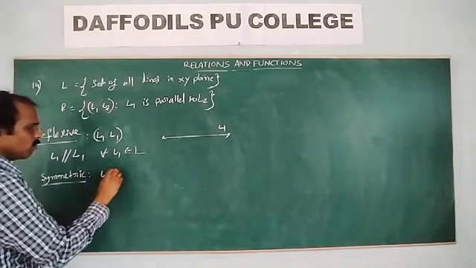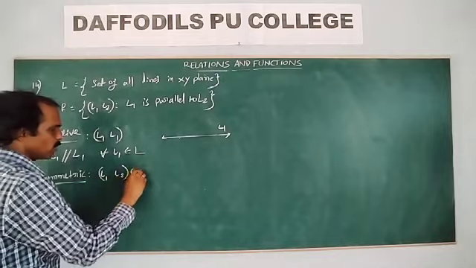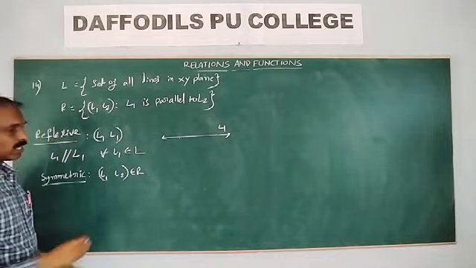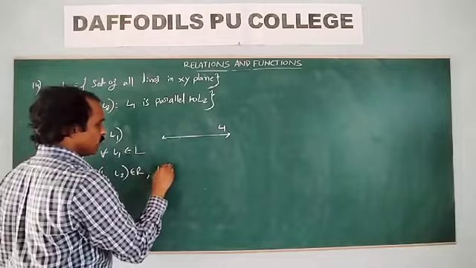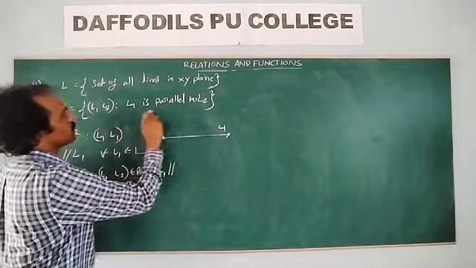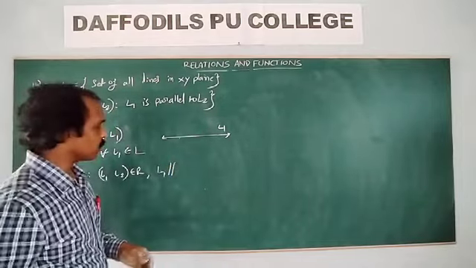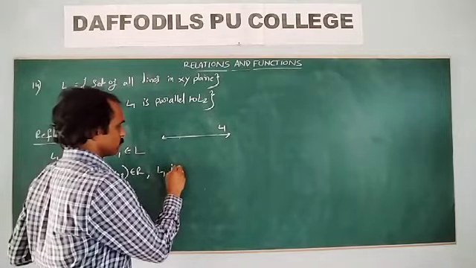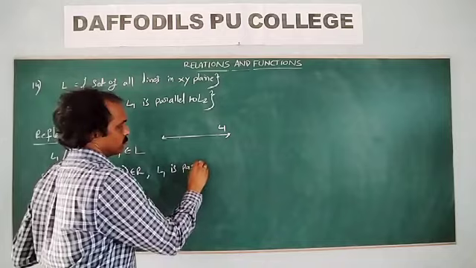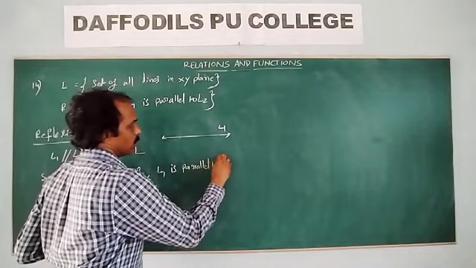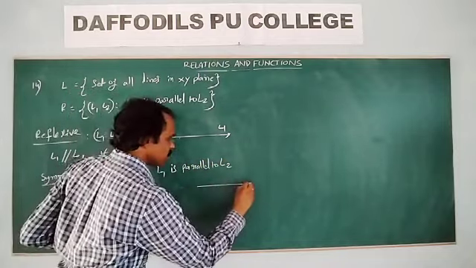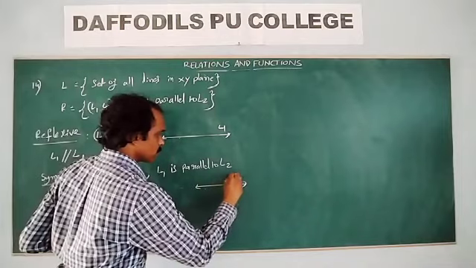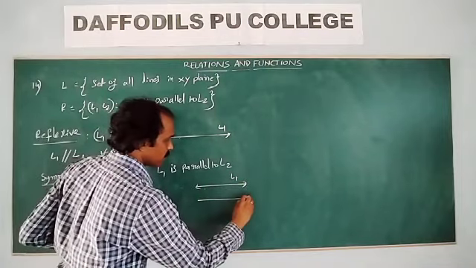Symmetric. L1 comma L2 belongs to the relation R. What is the meaning? L1 is parallel to L2. This is L1, this is L2.